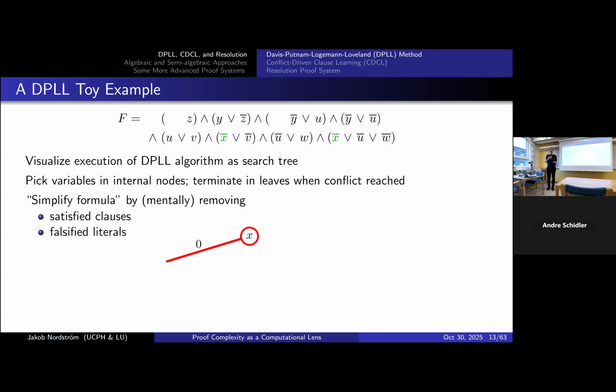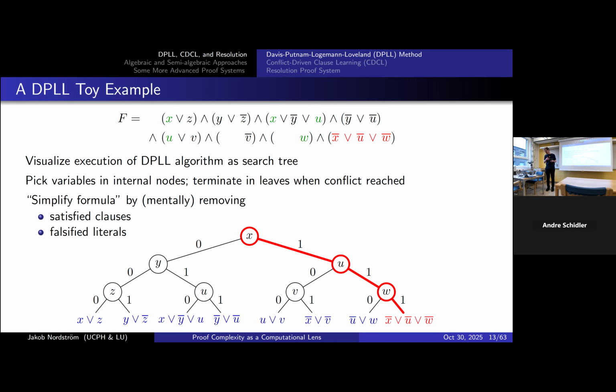I could already force a contradiction on z, because there's only a single literal left in the first clause. That's called a unit clause. So I should probably have branched on z here. And indeed, any decent DPLL implementation would have branched on z here, but then I wouldn't have gotten this nice search tree. So I'm skipping things like this.